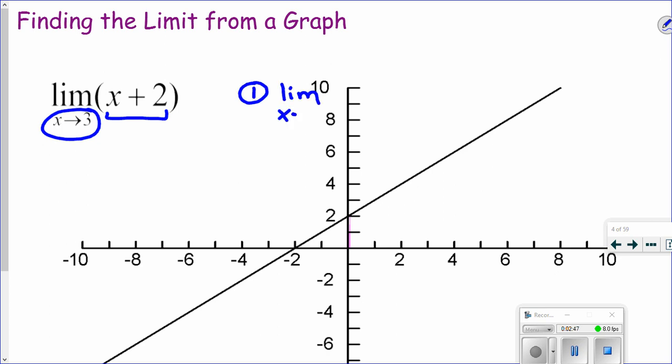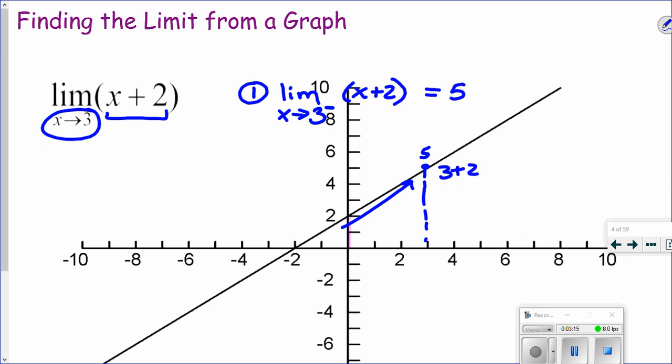So we write that as the limit as x comes towards 3 from the negative direction of x plus 2. As x comes towards 3, we can see here's 3, and based off the equation, we know that 3 plus 2 is 5. So as x comes in the negative direction, what are we getting close to? From the negative direction, we're getting close to 5.